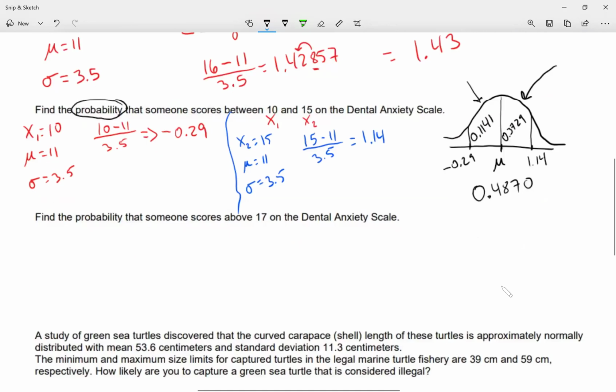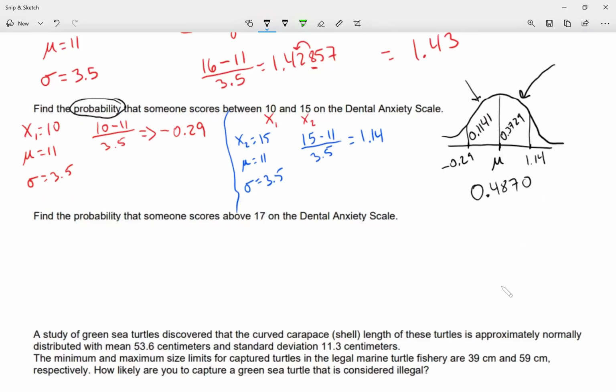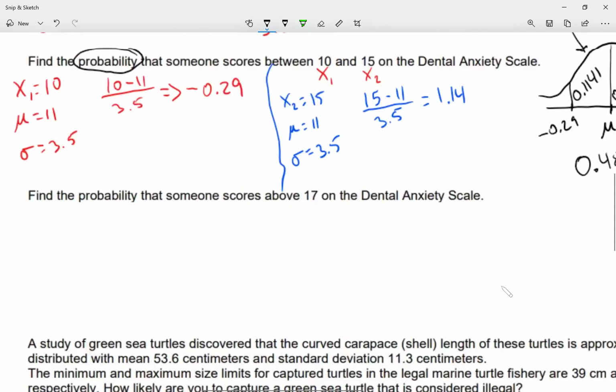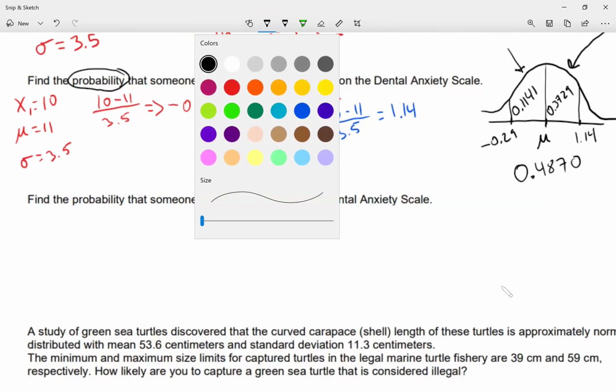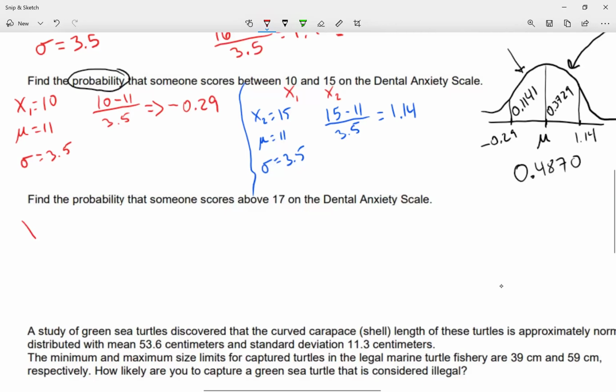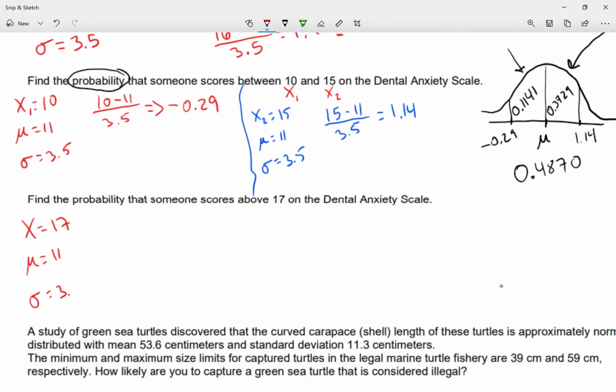Now find the probability that someone scores above 17 on the dental anxiety scale. Okay, so what do I have here? My x in this case is 17. The mu is 11, and my sigma is 3.5. So let me find my z-score first.